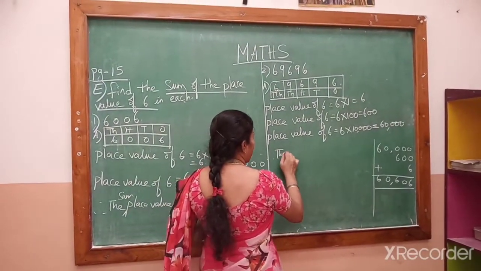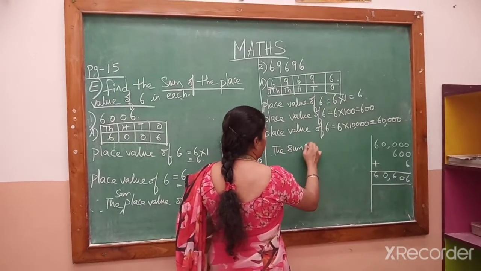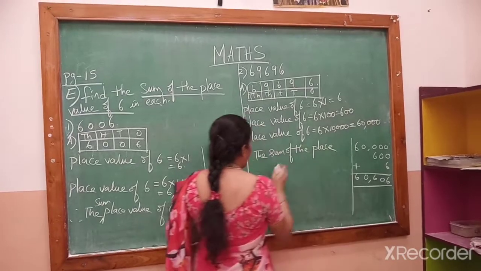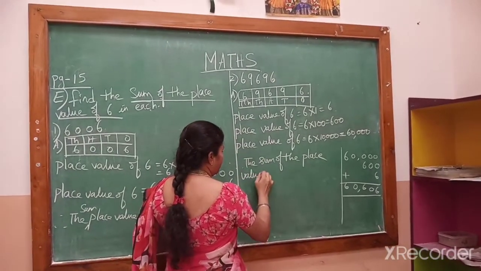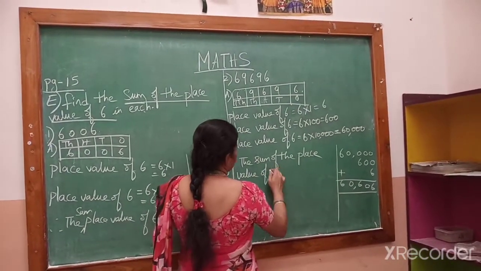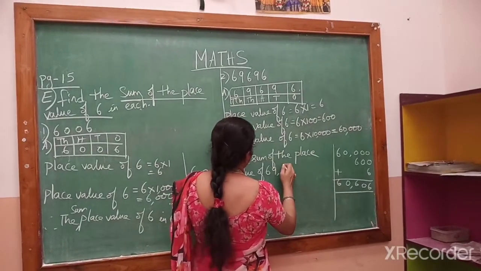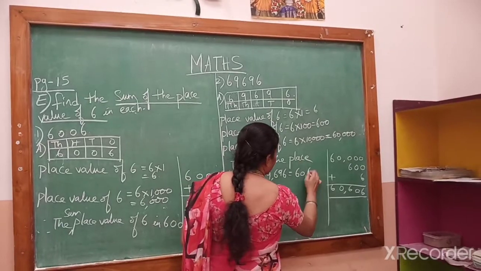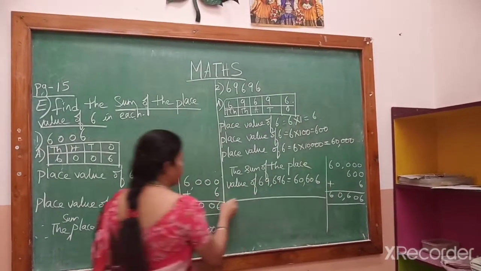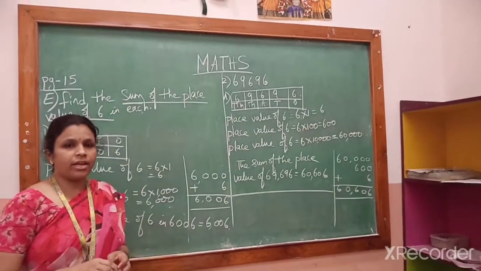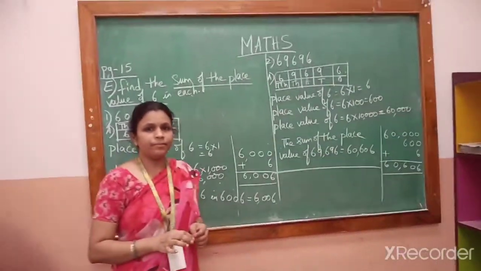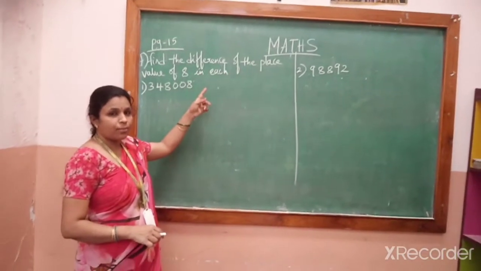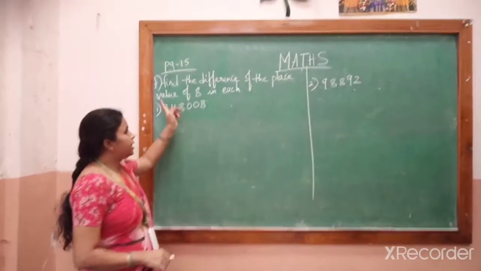Therefore, the sum of the place values of 6 in 69,696 is 60,606. Is it clear, children? Understood? The sum of the place values. Now, see the next bit.